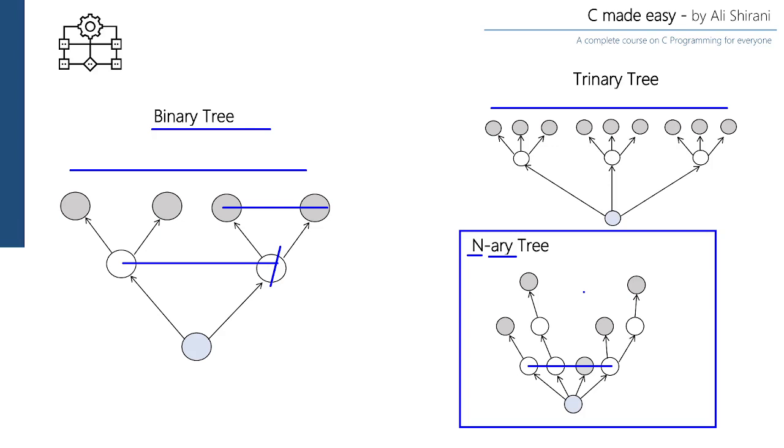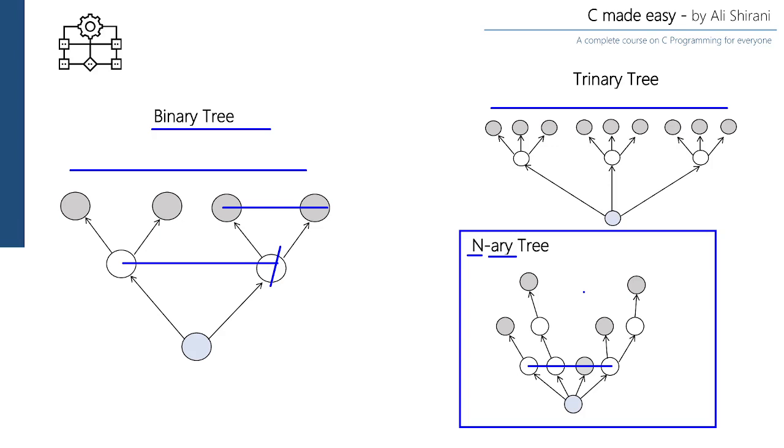So n-ary trees means the n stands for a number that is dynamic, that is not predefined. You do not determine the number before creating the tree. You have the structure which allows dynamic allocation of the same structure at runtime for the children.